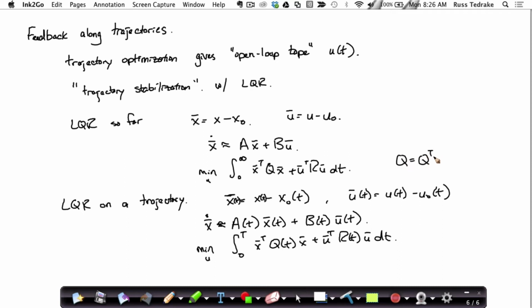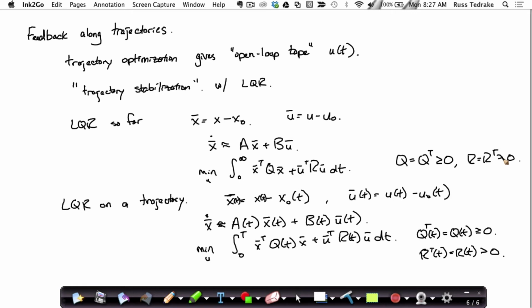We're always going to make them the same for all t, where Q has to be semi-definite and R has to be positive definite.